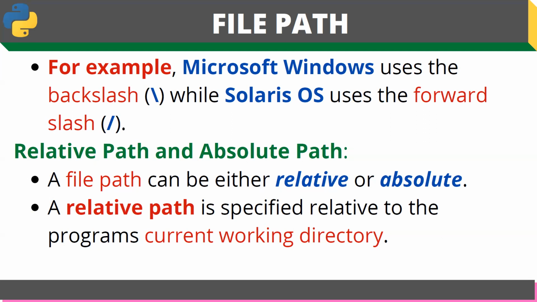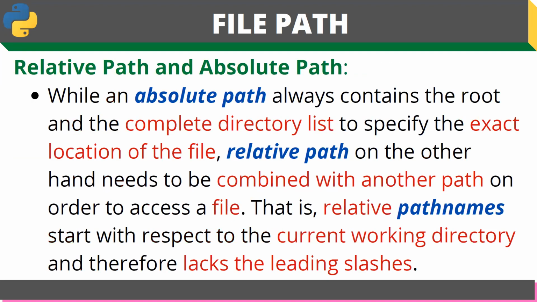In file path, we have two more terms called relative path and absolute path. Any file path can be either relative or absolute. A relative path is specified relative to the programs that are under the current working directory. While an absolute path always contains the root and the complete directory list to specify the exact location of the file.